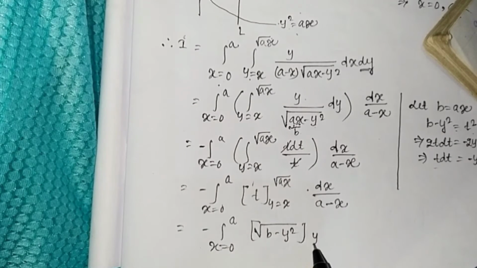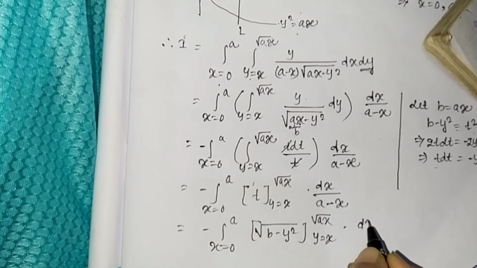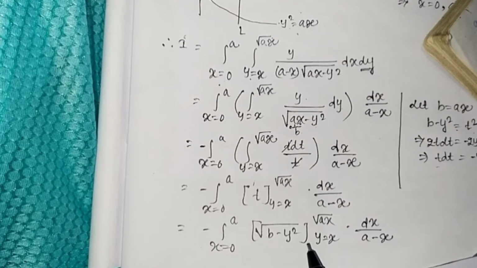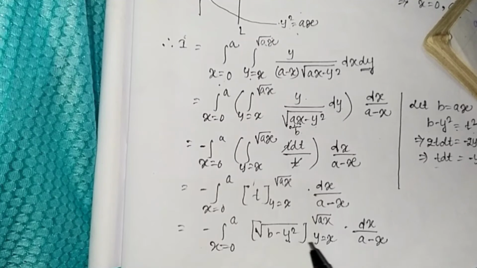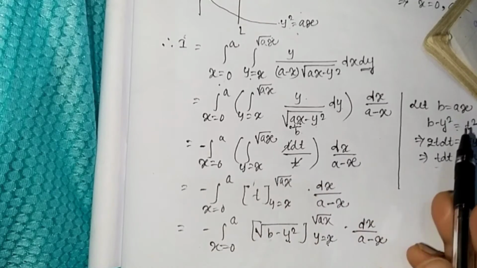Y is from x to root over of ax into dx divided by a minus x. So first we put the upper limit, then we put y equal to x. First we put the value of b as our ax.